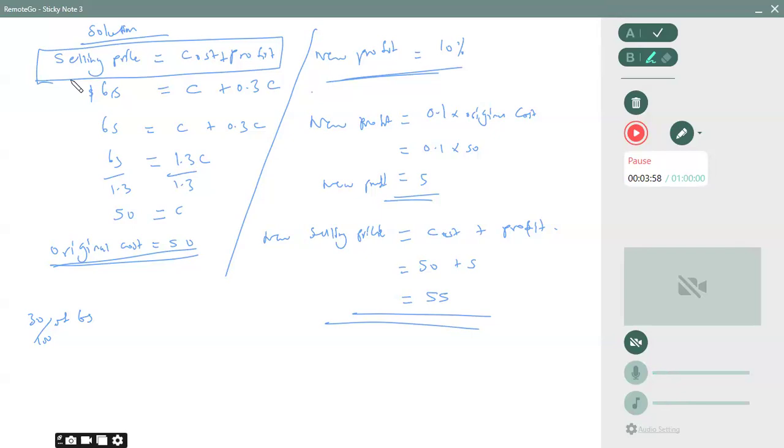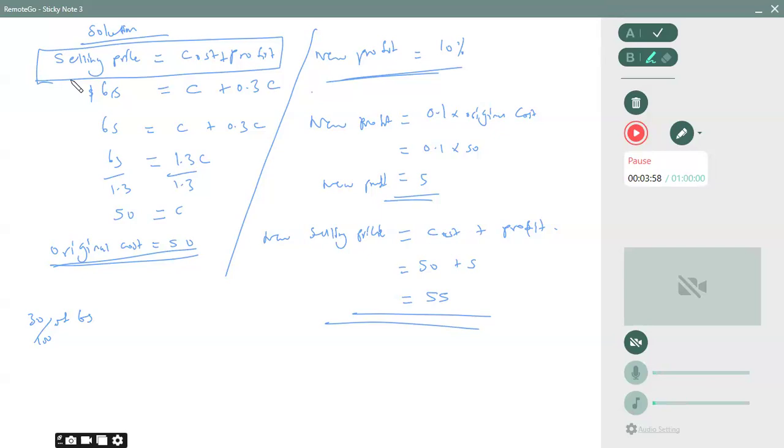Remember, we've been given the percentage. Now we have to look for the value in money form. So we just need to take the original cost and multiply it by the percentage of the new profit that has been given to us. Then we get the new profit value, not percentage.